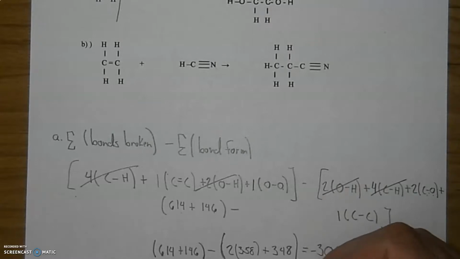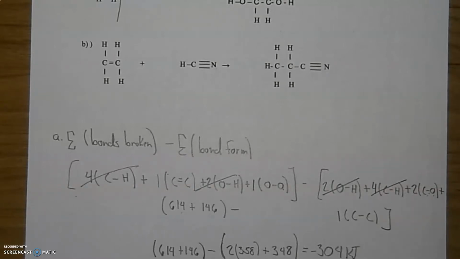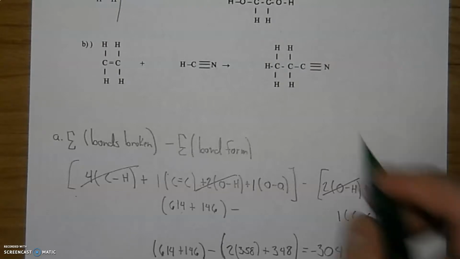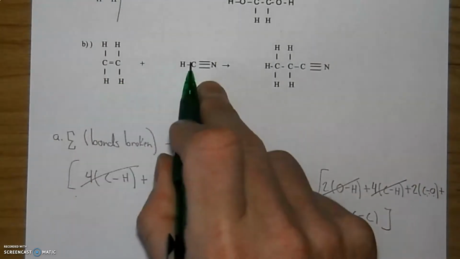And then minus the sum total of 5 carbon to hydrogen bonds and 2 carbon to carbon bonds plus 1 carbon to nitrogen triple bond. And I believe that's the whole thing for this compound. So the sum of these two minus that.